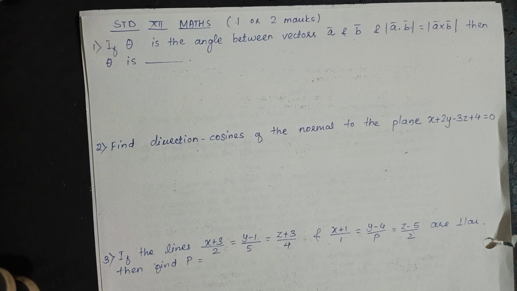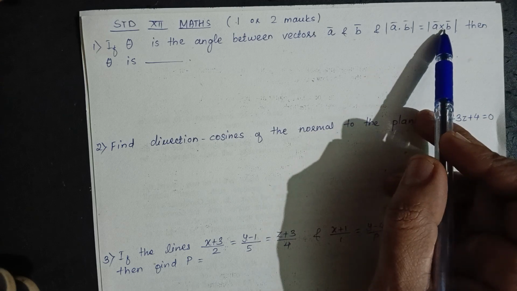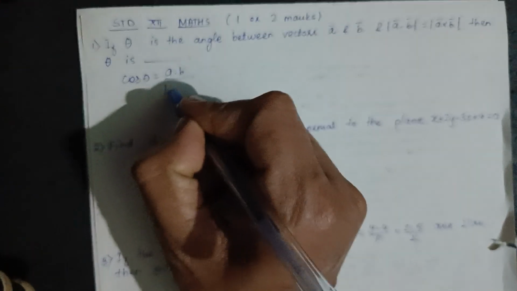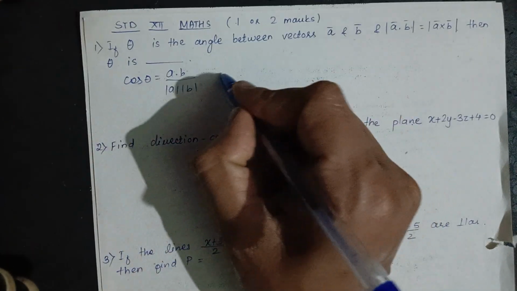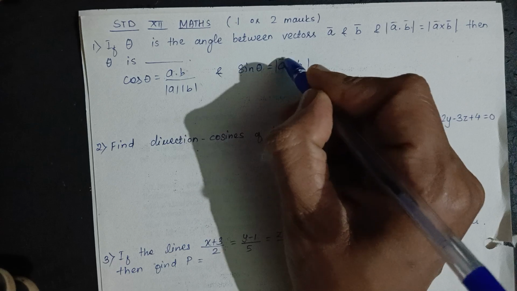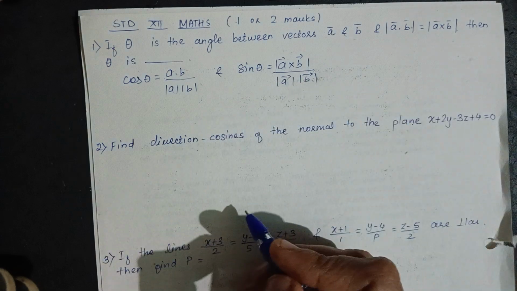If theta is the angle between the vectors A and B, and the magnitude of A dot B is equal to the magnitude of A cross B, then you have to find theta. Here cos theta is A dot B upon magnitude A times magnitude B, and sine theta is the magnitude of A cross B upon the same.